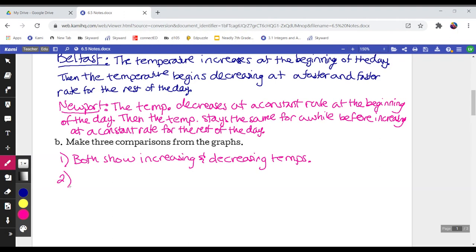Another comparison is that both graphs are nonlinear. We learned that from our last section. So they are nonlinear.